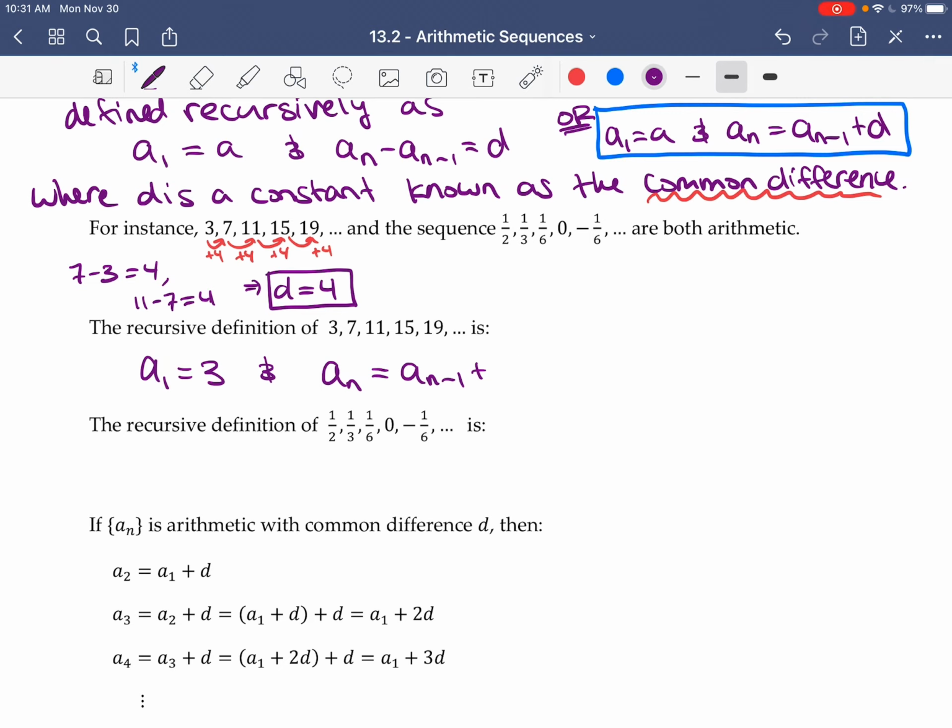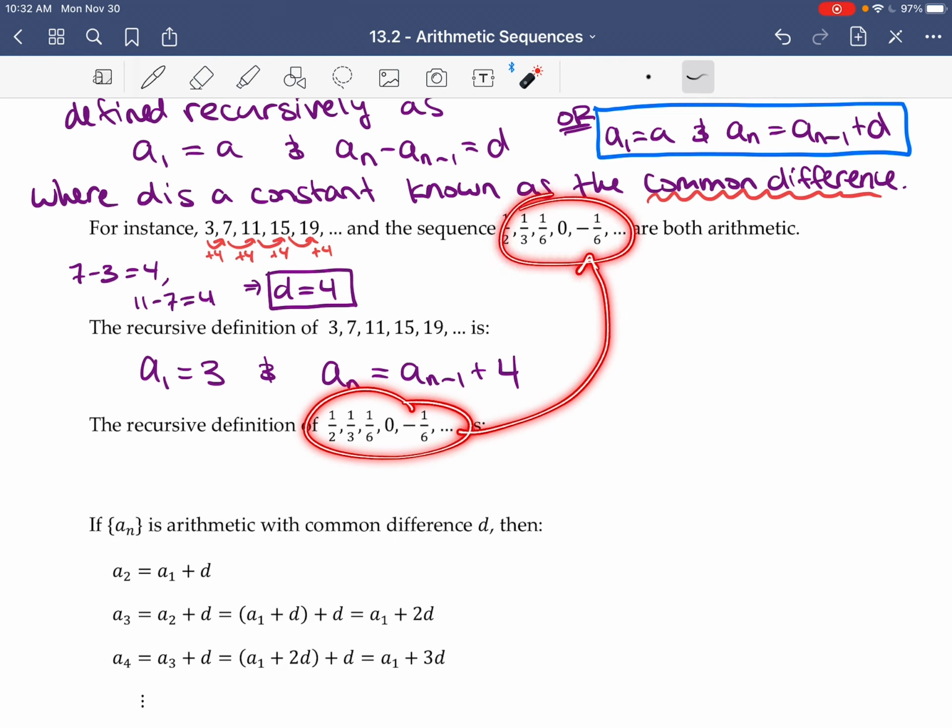That was the D value. Okay, again, I'm going to leave the recursive definition for the other sequence for you to do, but I will fill it in the subsequent video.